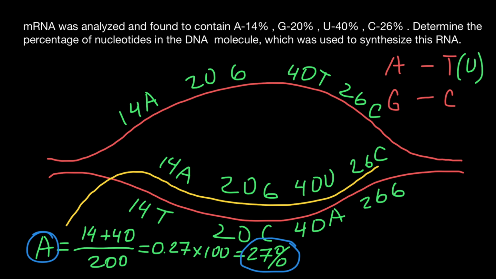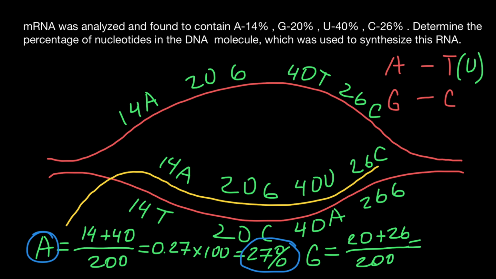Now let's find how many guanines we have. We have 20 on this strand of the DNA, and we also have 26 guanines on the other strand. Again, our calculations would be as follows: guanine would equal 20 plus 26 divided by 200.